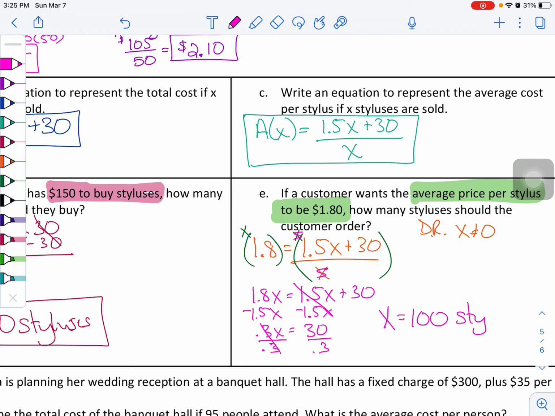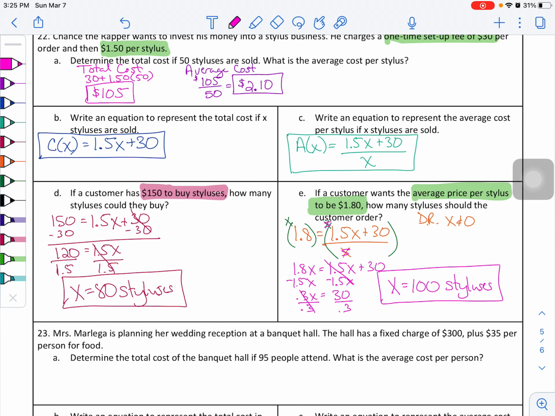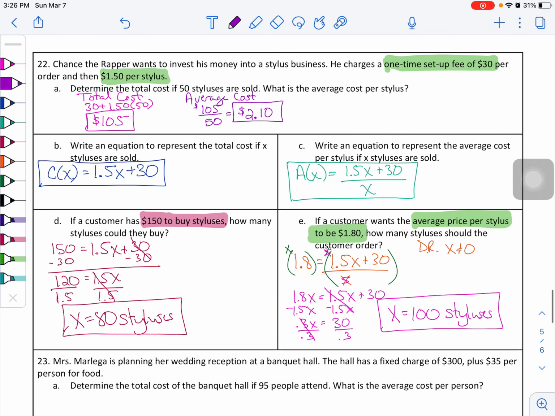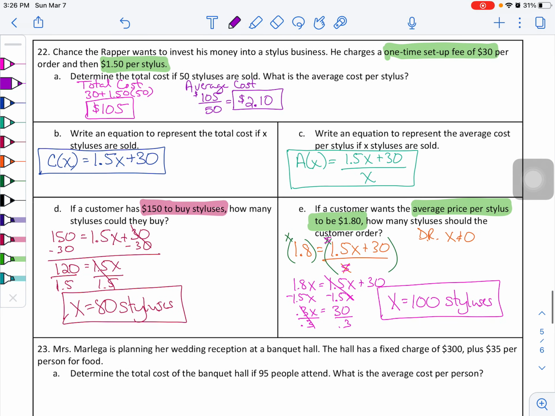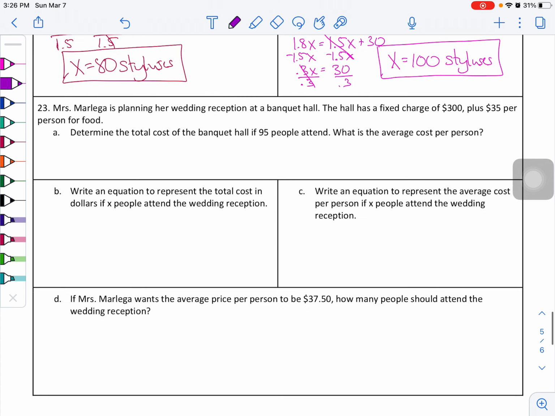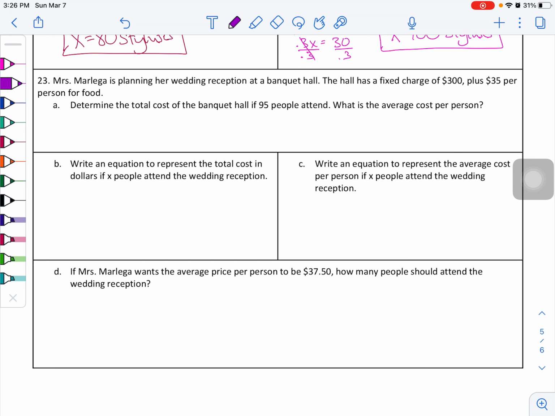Divide both sides by 0.3. So 30 divided by 0.3 is 100. And this is styluses. So if you order 100 styluses, you would be able to get the average cost down to $1.80 per stylus.